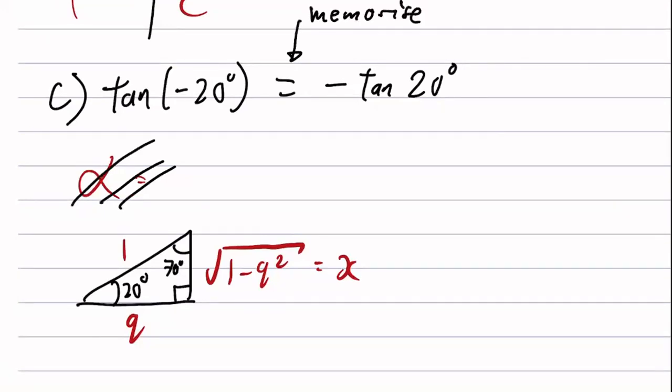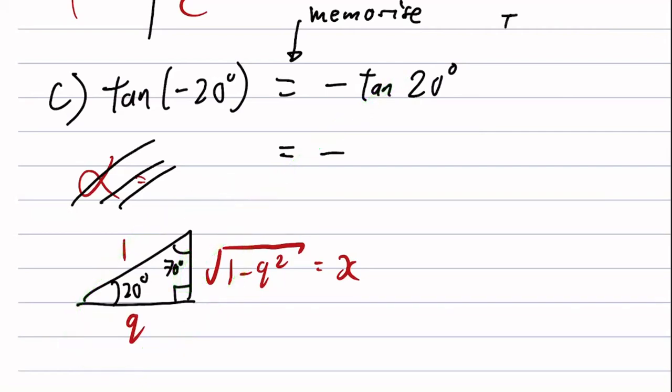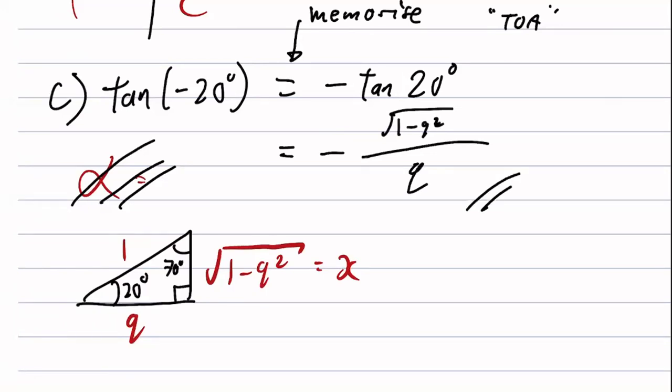Then recall. Then negative tangent 20 will be what? Negative. Look at the right angle triangle. Opposite: square root 1 minus Q square divided by Q. Very good. That's it. But don't forget the minus sign.